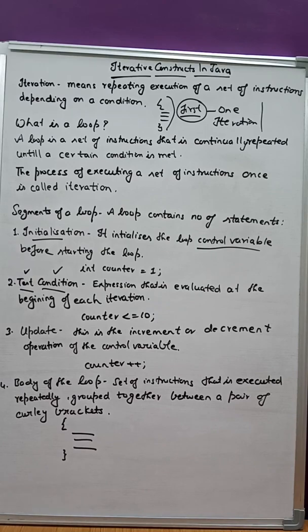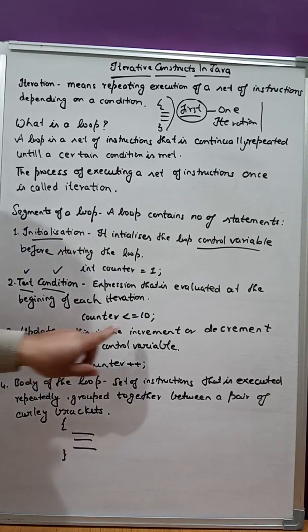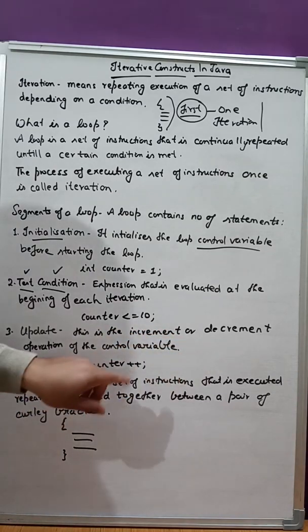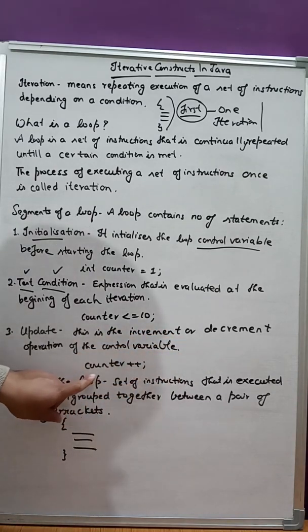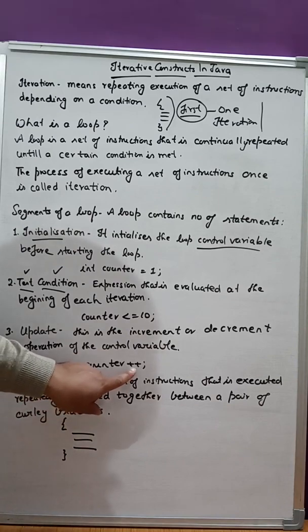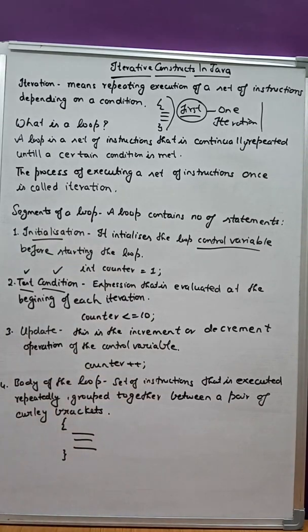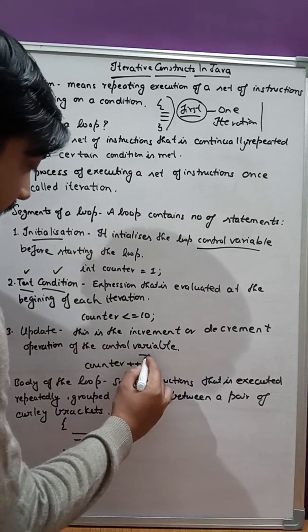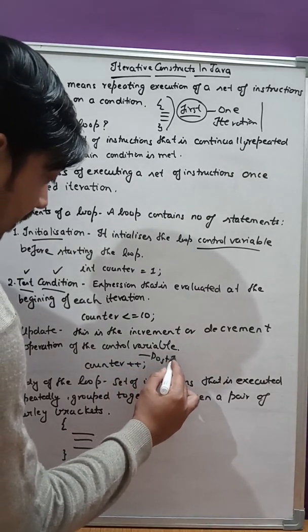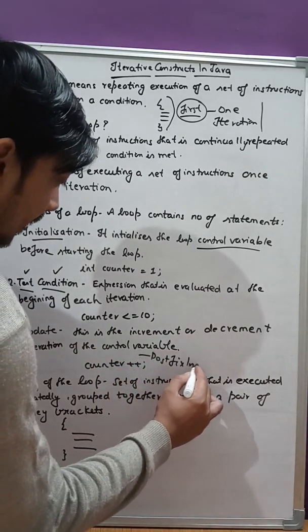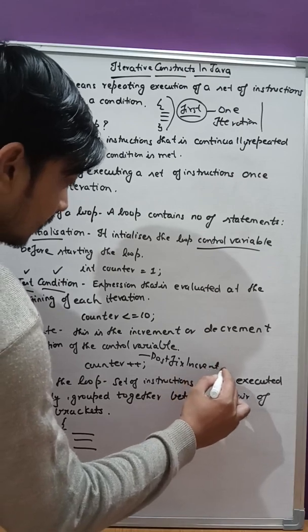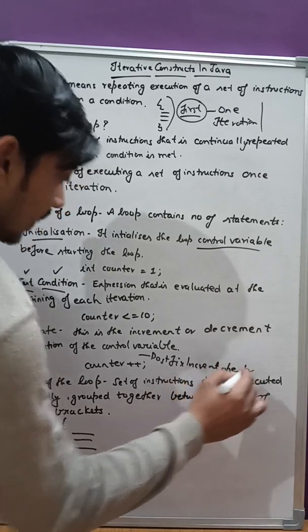Now the third segment of the loop is the update condition. The update will have the increment or decrement operation of the control variable, like counter++. This is the postfix increment operator.